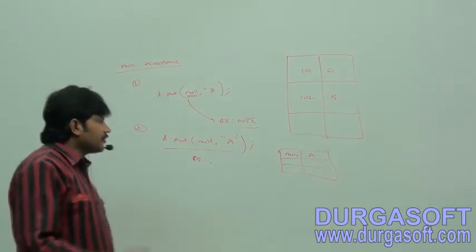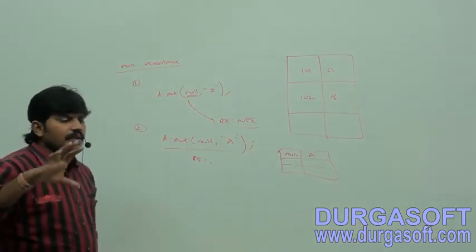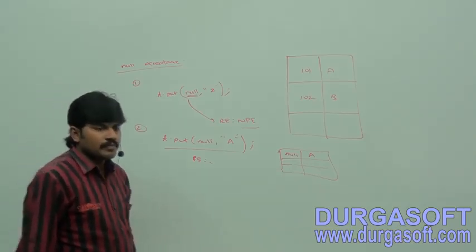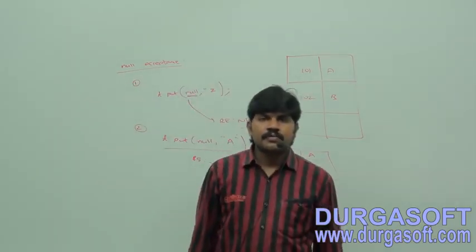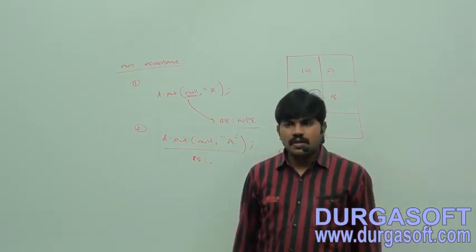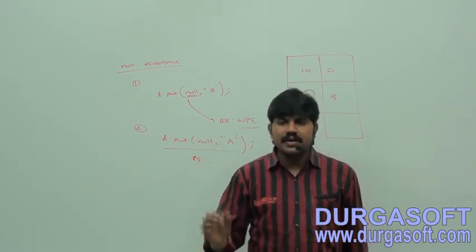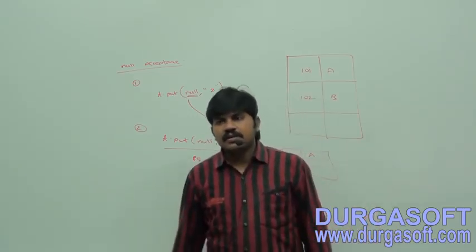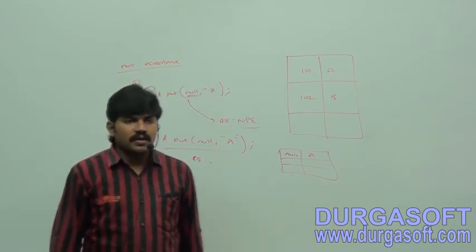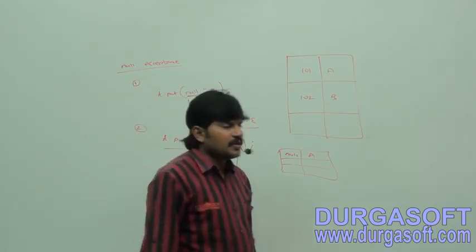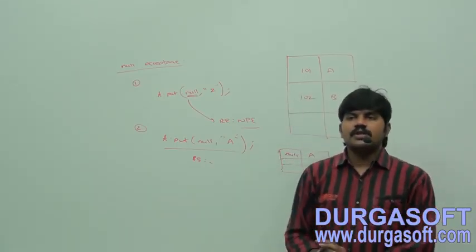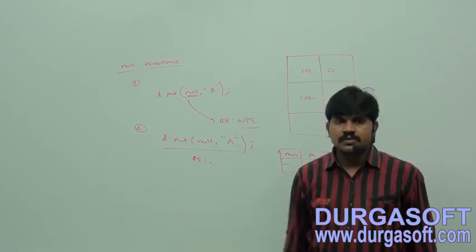Next, second point. For an empty TreeMap, the first entry with a null key is allowed.